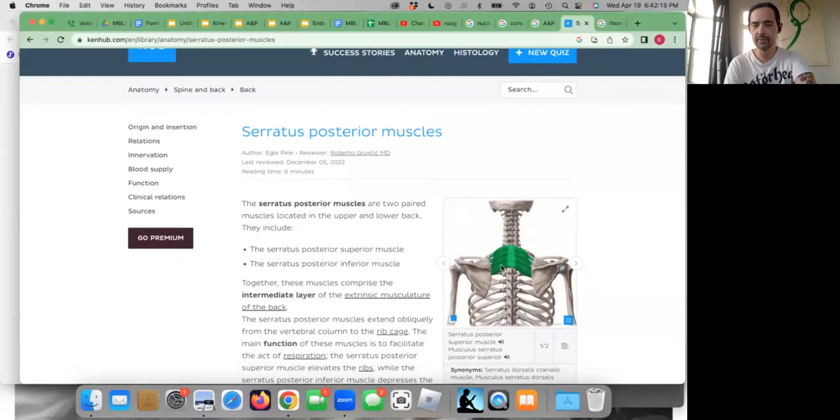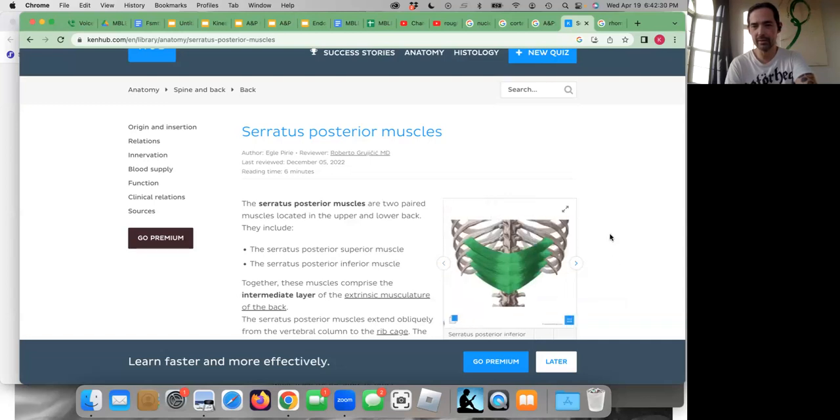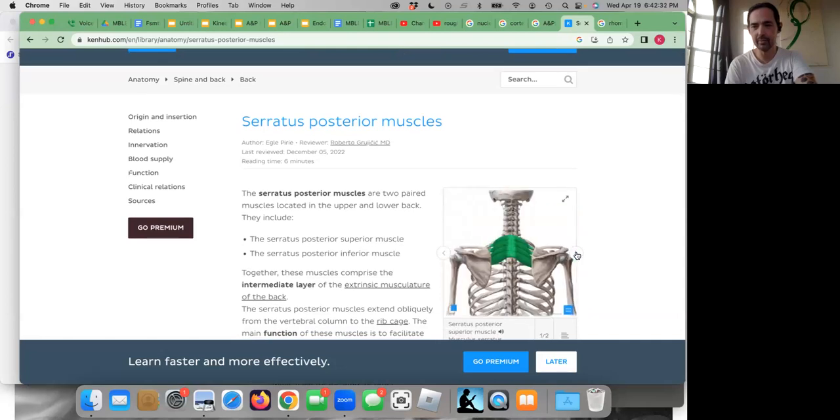You see the fibers very clearly, slightly underneath the rhomboid major and rhomboid minor. They're up here, and then down at the bottom. Oh, they only have those two.